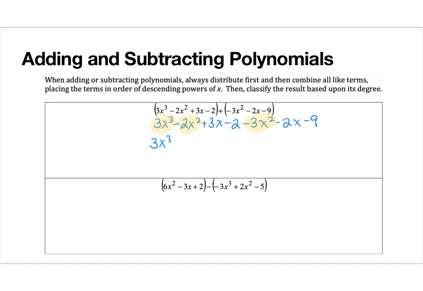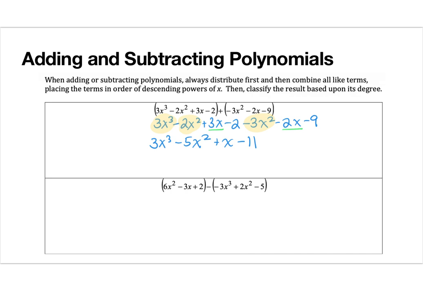That would be negative 5x squared. And now the next term should be my x term. So I have a 3x minus a 2x. So that should be just 1x. And then I have minus 2 plus 9, which would give me minus 11.